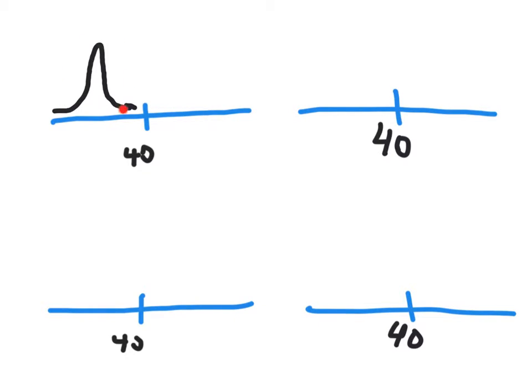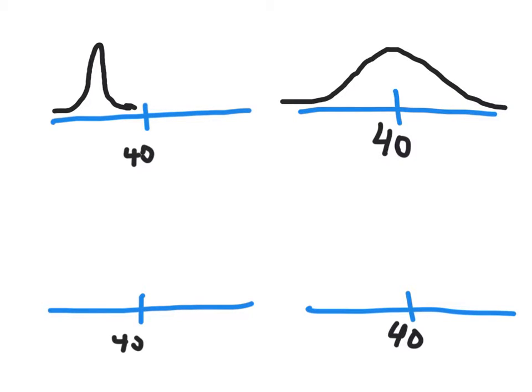So we would say that this has low variability, but it has high bias because it is off target. They say it's 40, but they're a lot lighter. One more time: low variability, but high bias. That's the first one.